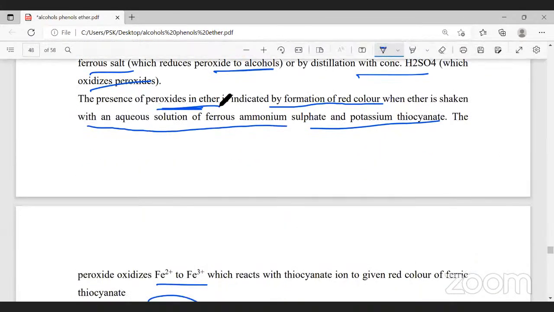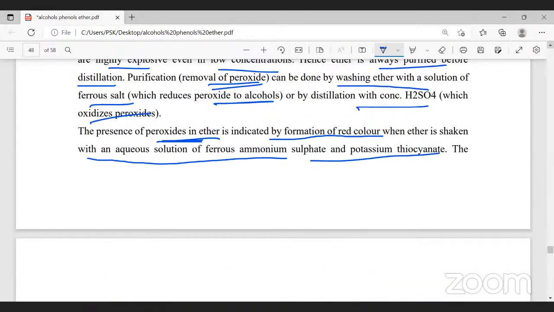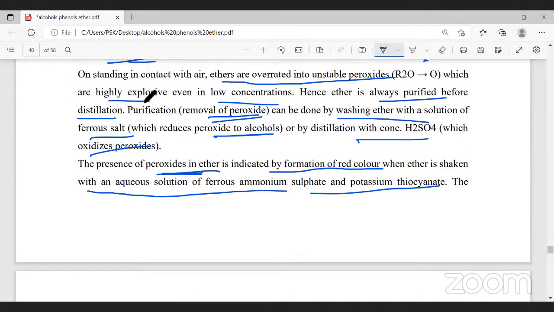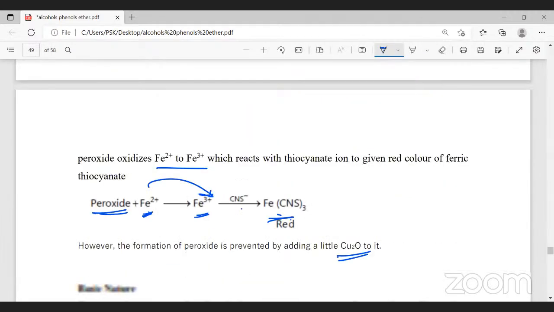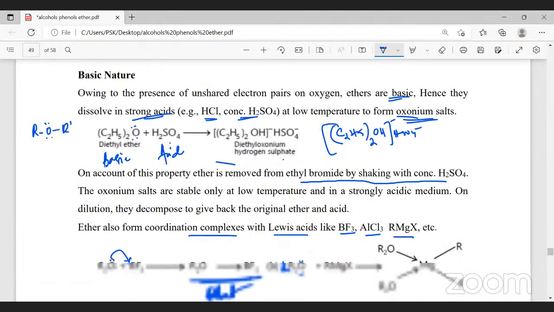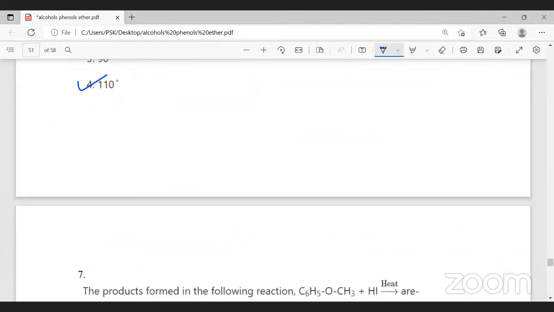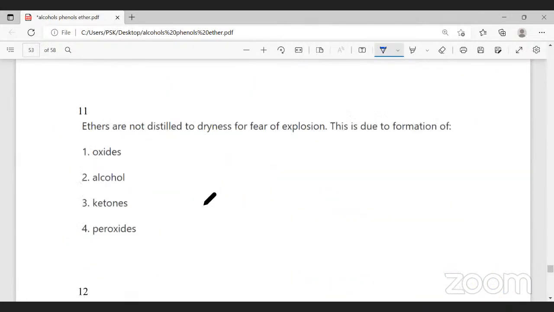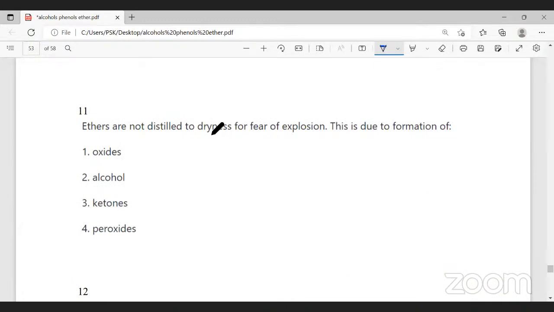The presence of peroxides in ether is indicated by the formation. So these peroxides are what? Highly explosive, unstable peroxides, even at low concentration. So what's the answer? Ethers are not distilled to dryness for fear of explosion. This is due to the formation of peroxides. It's a direct question: peroxides.